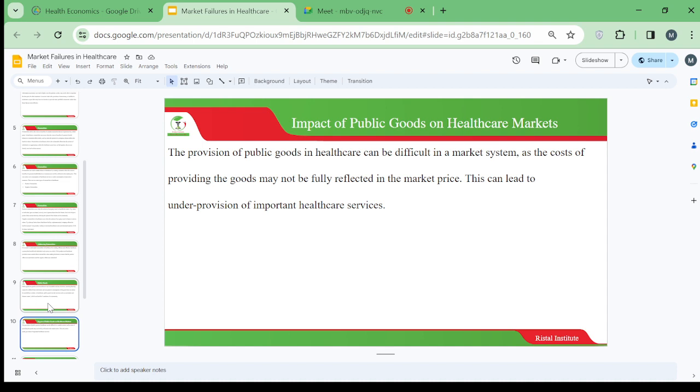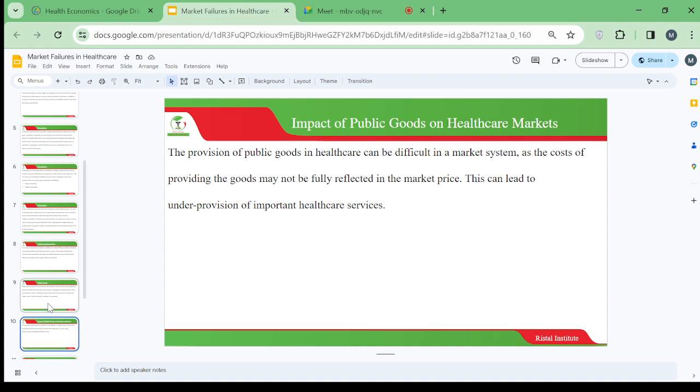So for example, the vaccinations. You'll find out that few private entities, private health facilities are actually engaged in vaccinations, especially for the immunization schedules for children, because they may not really get a lot of money from it.